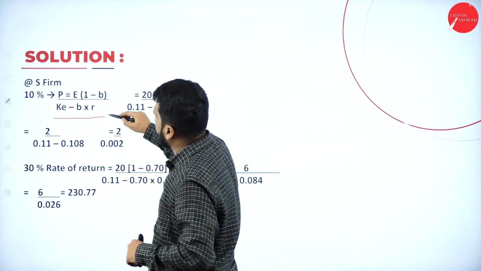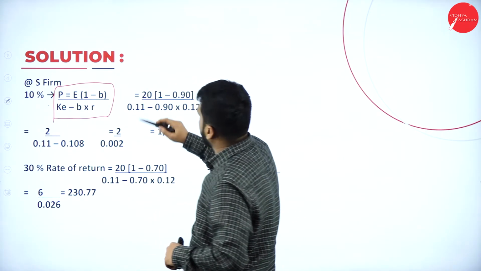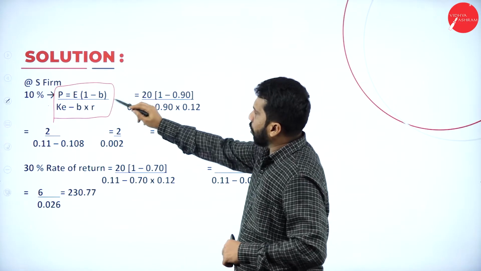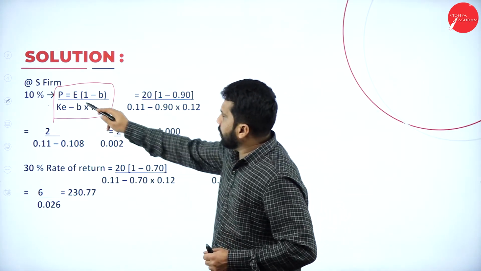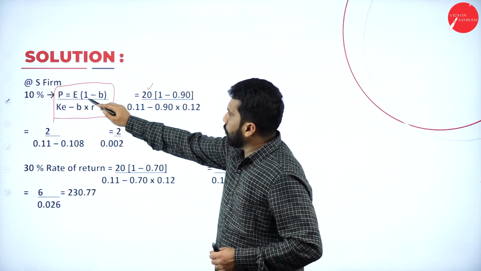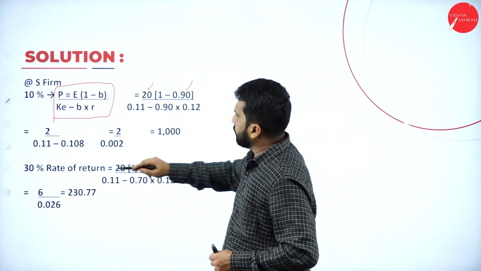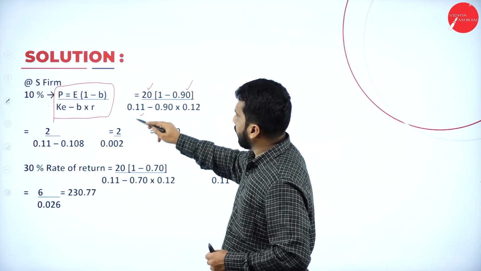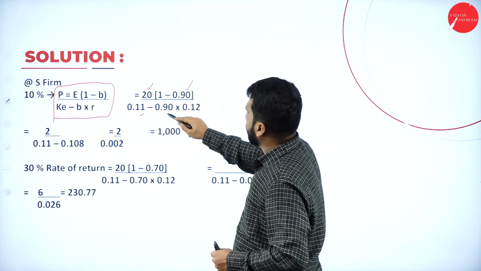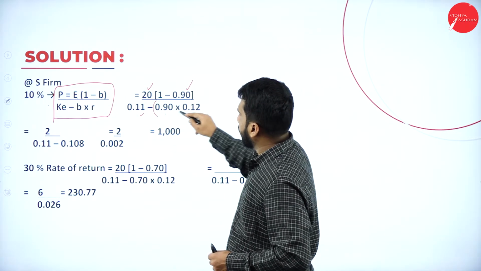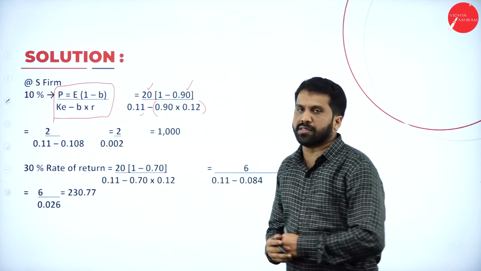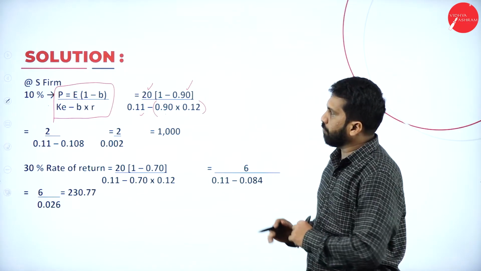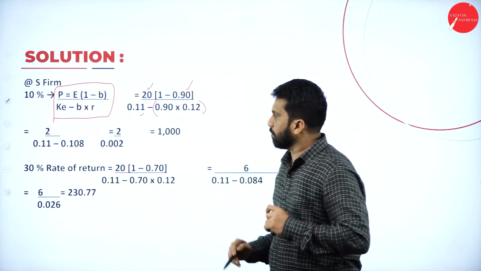This is your formula. It is the same copy-paste of your formula. Your earning is 20, 1 minus B is 0.90, cost of equity 11, B into R, R is equal to 12%. We are doing all calculations for 12%, first one.